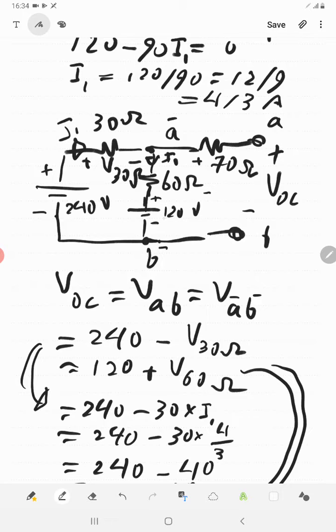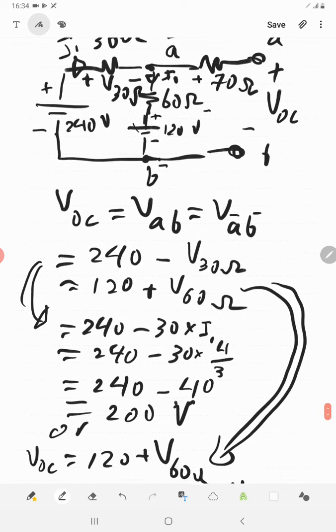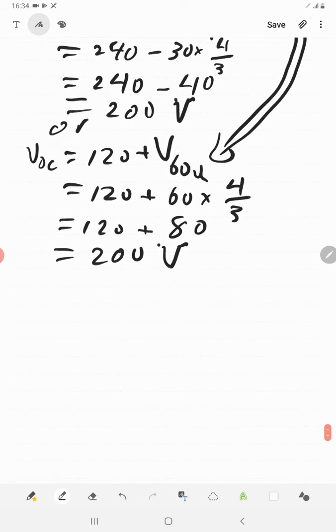But be careful when you take the 240. Look at the direction of the current I1: it will give you this plus, this minus, so it's in the opposite direction, then 240 minus V30. While if you take the 120 and the 60 ohms, then the direction of I1 is from plus to minus, so you add the 120 with the voltage across the 60 ohms resistor. Both will give you the same value.